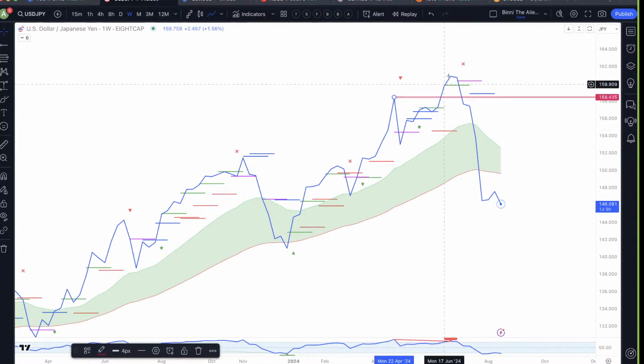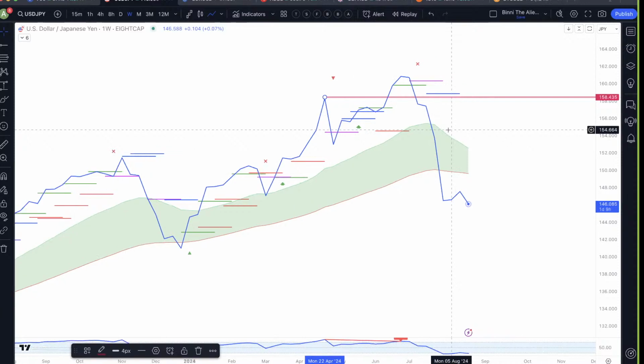All right. So if you understand the concept of wash and rinse, if this was a resistance, then what happened to here? Here means that people actually bought dollar yen at around 160. Can you see that? At around 160, people actually bought in. Now what happened when price moved back down?